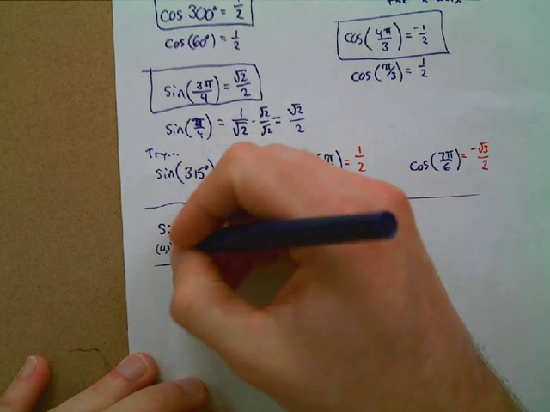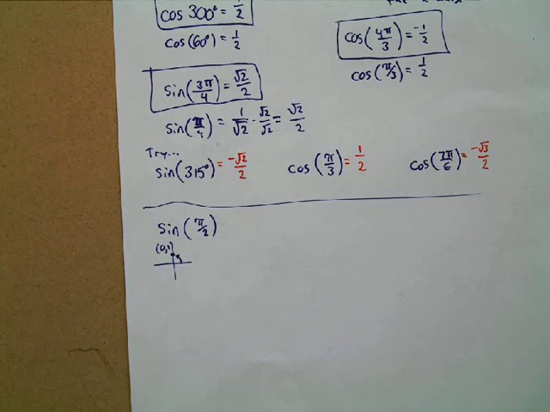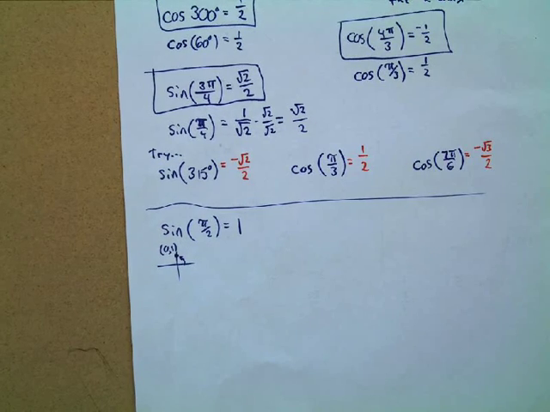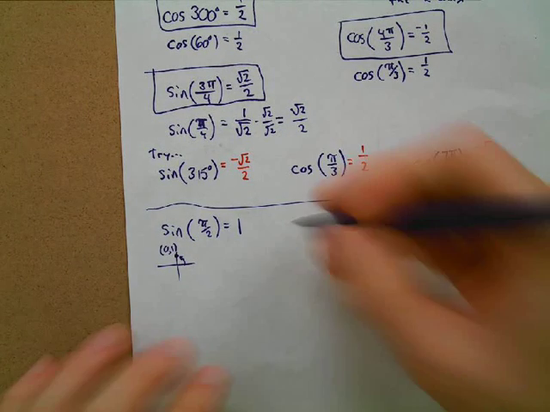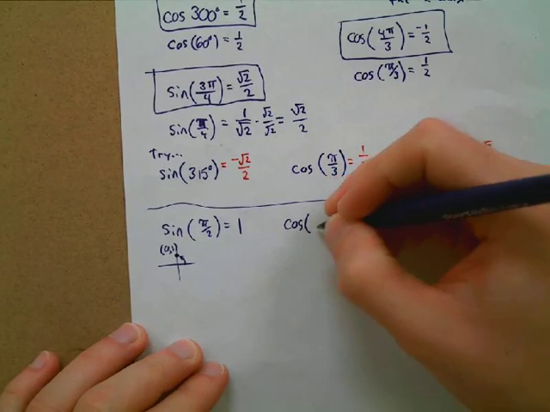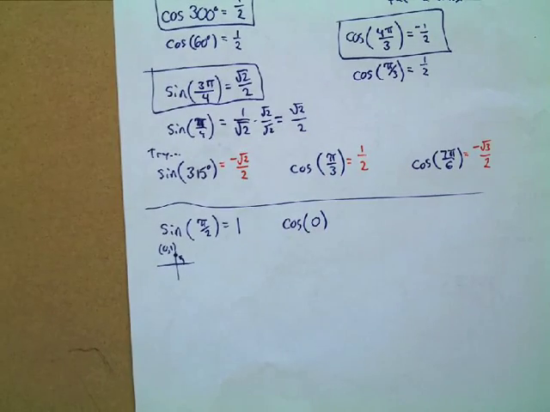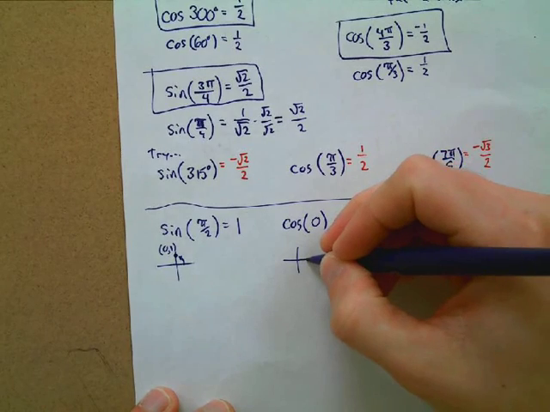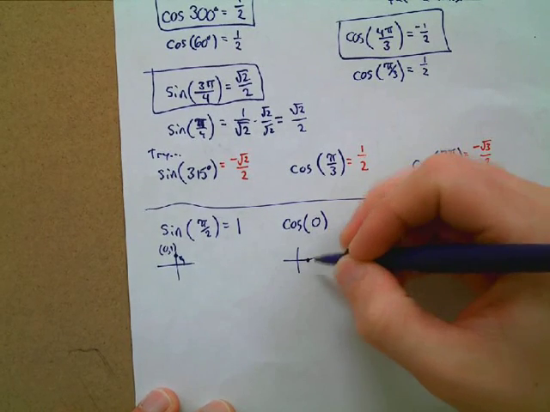So again, for sine of pi over 2, or cosine of 0, we need to know what that is. 0 degrees is here on the unit circle, which has coordinates (1, 0). Cosine is the x coordinate, so cosine of 0 is just going to be 1. We also need to know sine of 3 pi over 2.